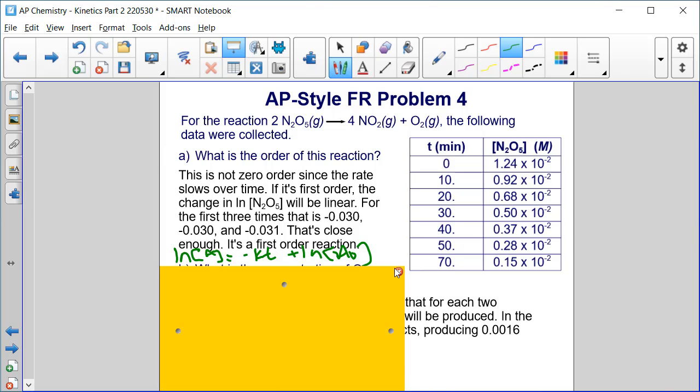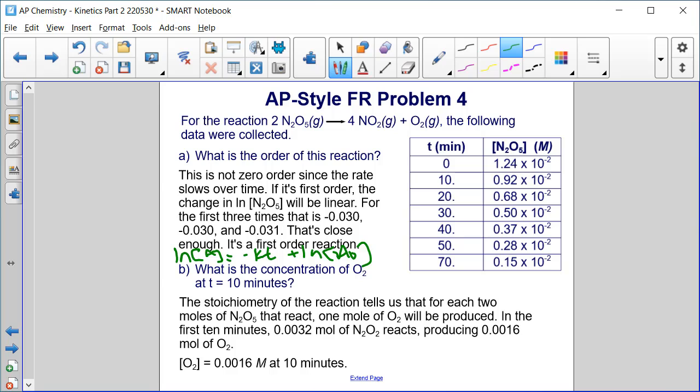Now part B, what is the concentration of O2 at time 10 minutes? The stoichiometry of the reaction tells us that for every 2 moles of N2O5 that react, 1 mole of O2 will be produced. In the first 10 minutes, 0.0032 moles of N2O5 reacts.